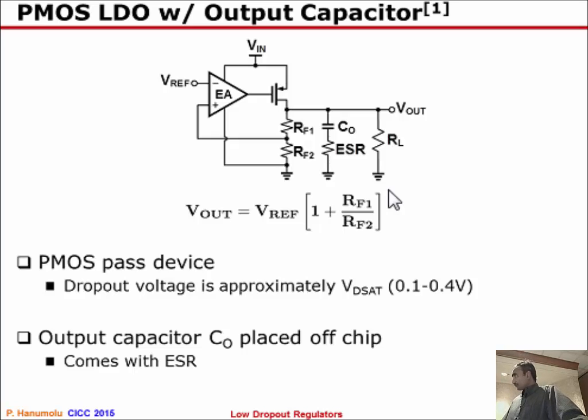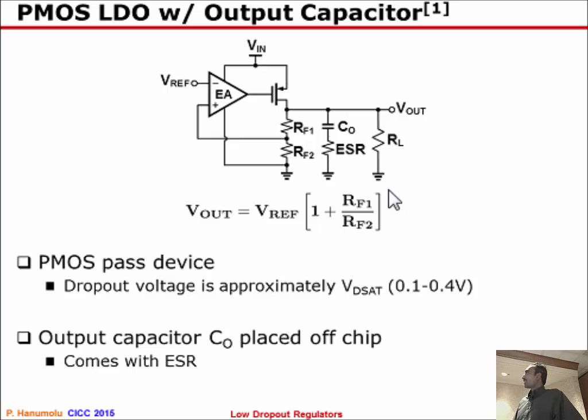This is the same picture I have shown earlier. Vout is VREF, provided by a reference generator, times this level shifting factor. Because this is a pass device and it requires maybe a few hundred millivolts of VDS in order to act like a good current source, the dropout voltage is roughly the VDSAT of the output device, which happens to be somewhere in this range.